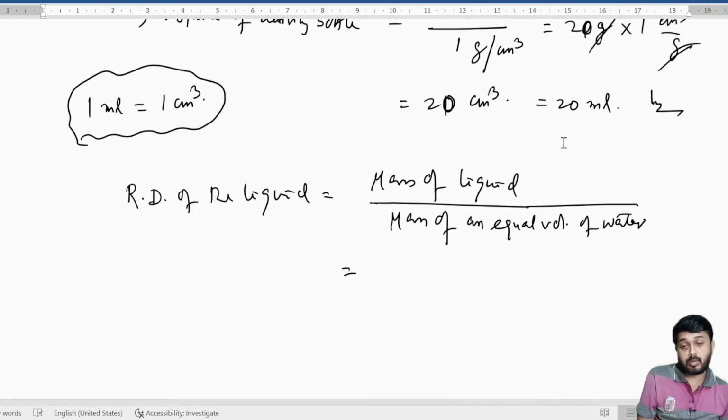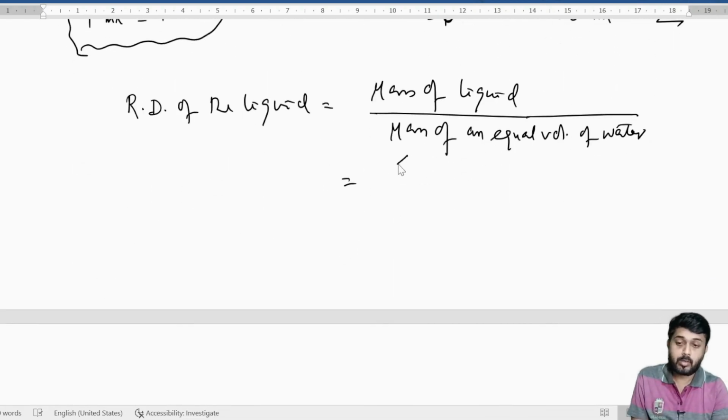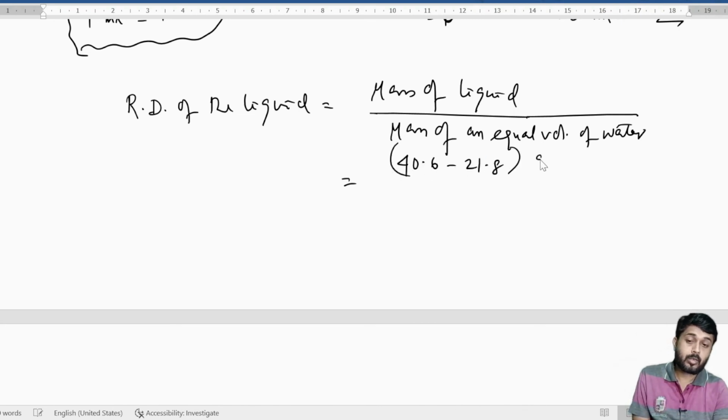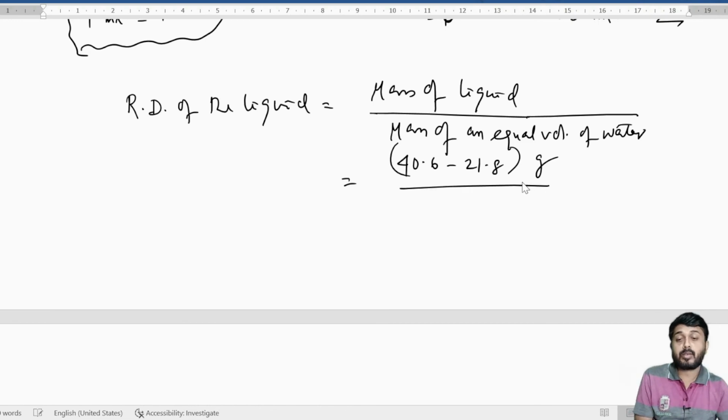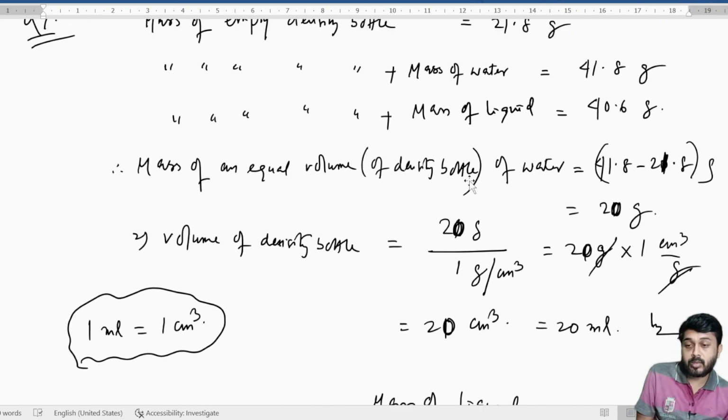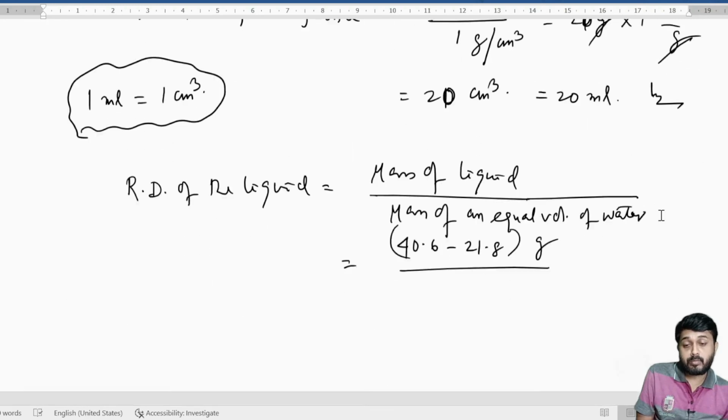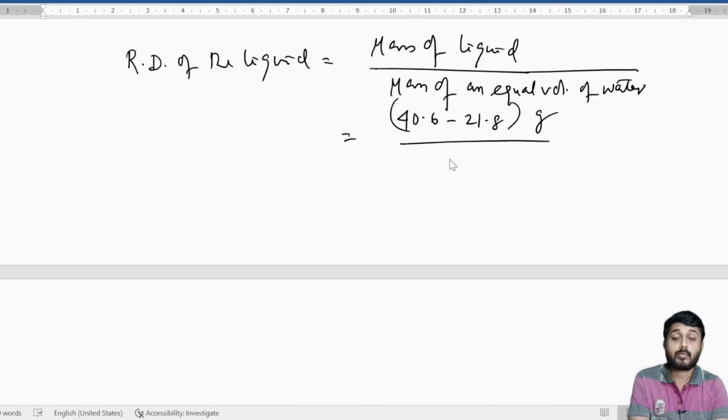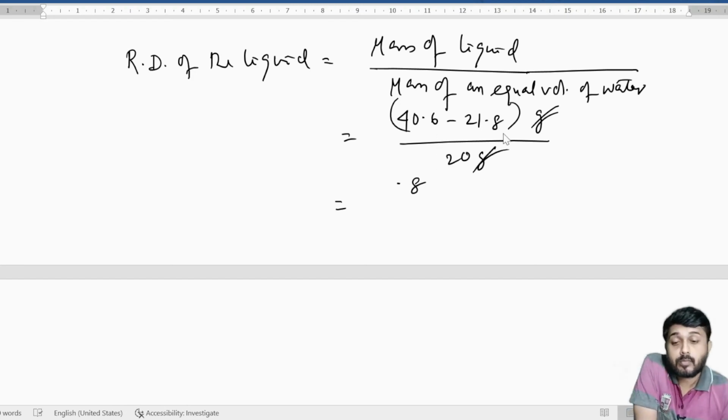40.6 minus 21.8. 40.6 minus 21.8 gram divided by mass of an equal volume of water. What was that? It is 20 gram. Okay. How much is that? Gram cancelled. 18.8 divided by 20.0.